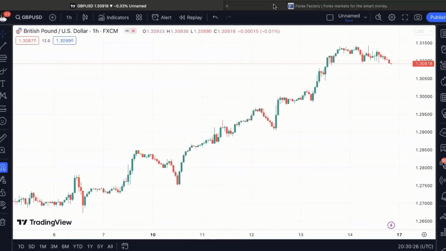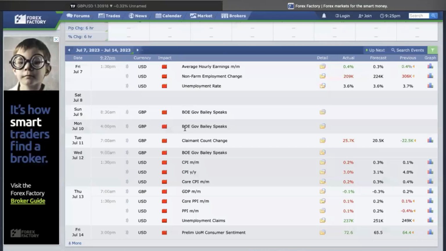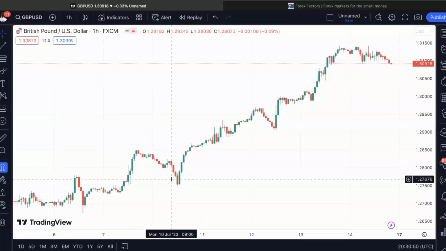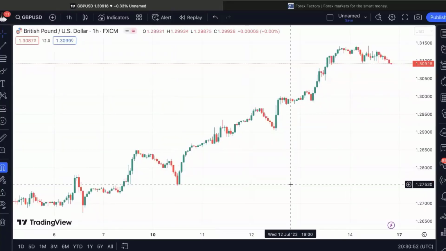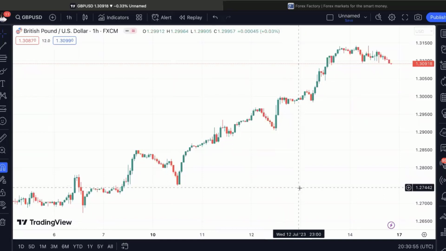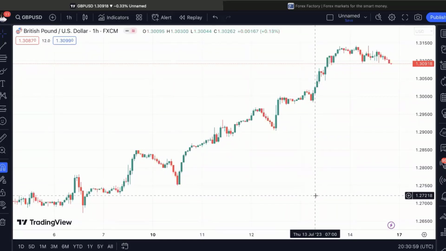Now let's look at that of GBP, the one on Thursday at 7 a.m., where you look at their gross domestic product month on month. 7 a.m. Thursday, that's the 13th, 7 a.m. Let's go back to our chart. The 13th, 7 a.m. Do you see that?